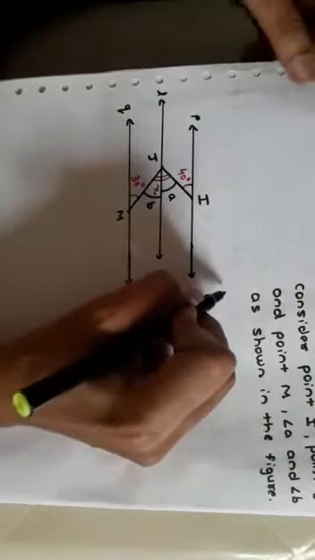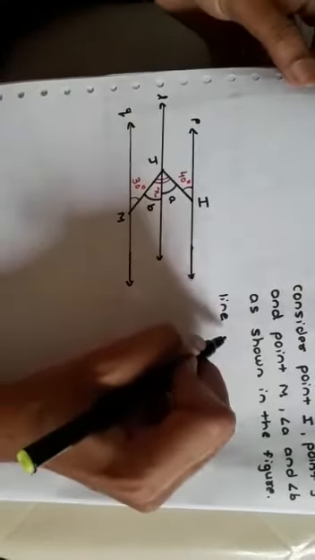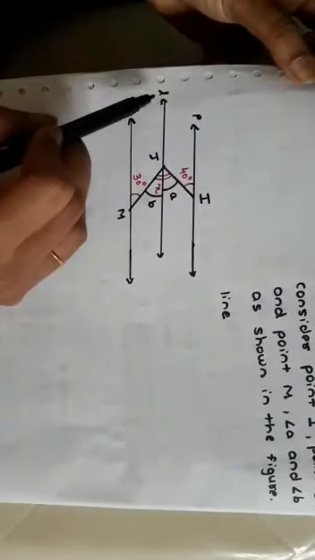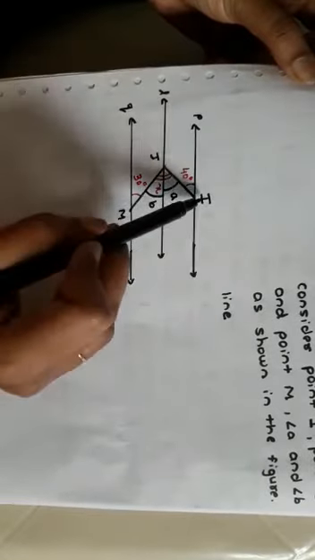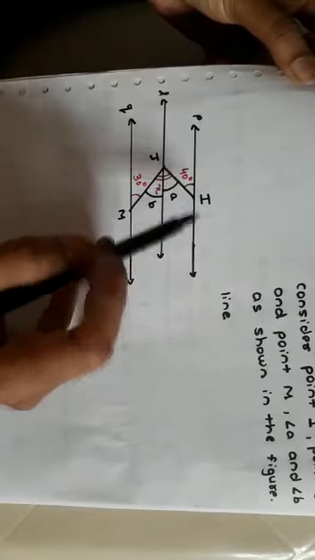As shown in the figure, line P is parallel to line L and I take line IJ as the transversal.